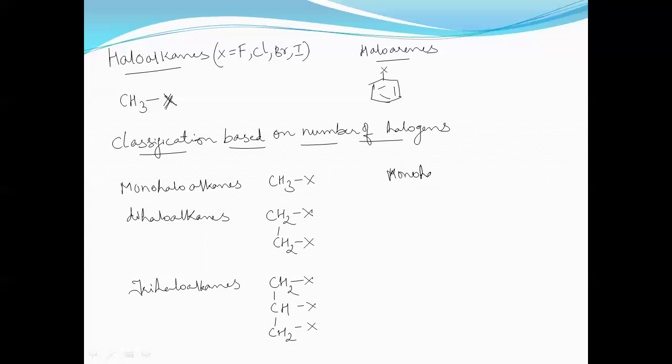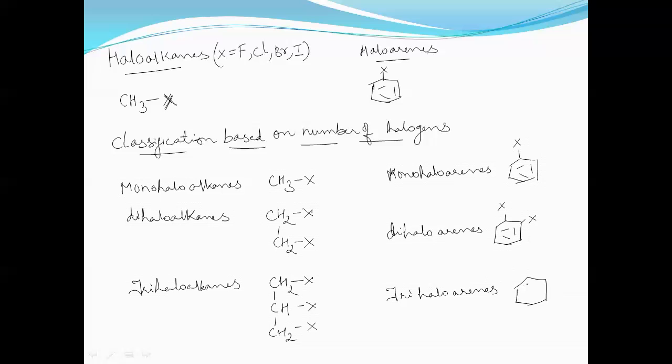monohaloarenes, where there is a single halogen on the aromatic ring, or dihaloarenes when there are two halogens present on the aromatic ring, or trihaloarenes when there are three halogens present on the aromatic ring.